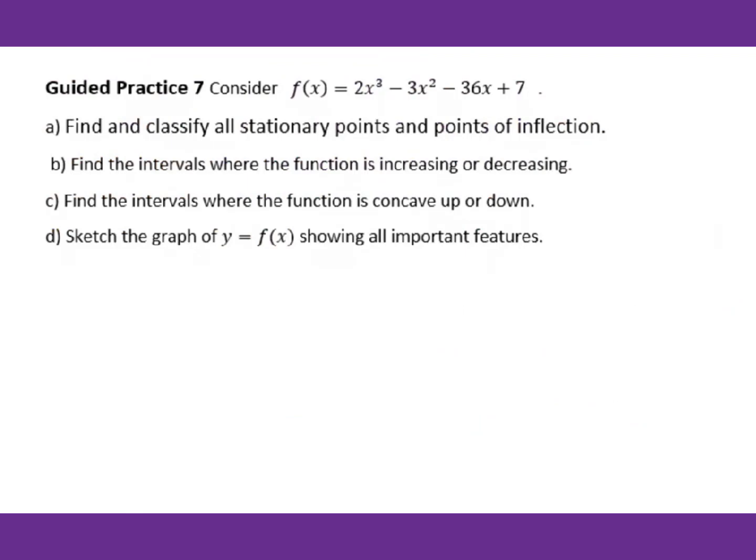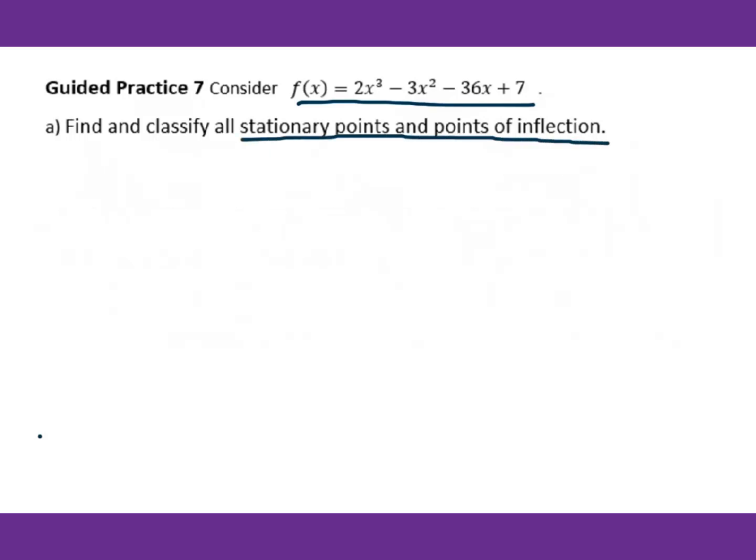Guided practice 7, consider this. Find and classify all stationary points and points of inflection. Stationary points means maximum or minimum or stationary inflection point. We will figure out the first derivative of the given function.